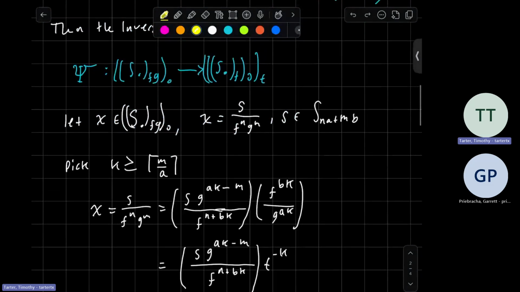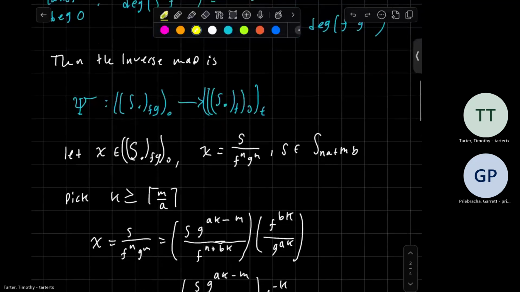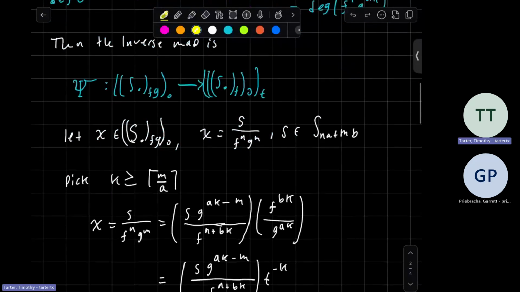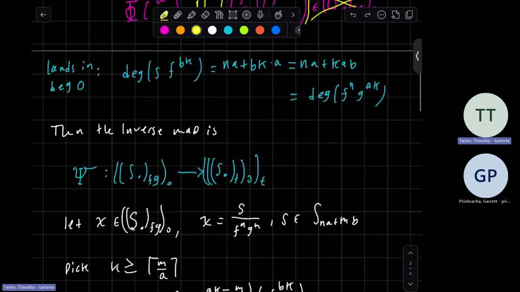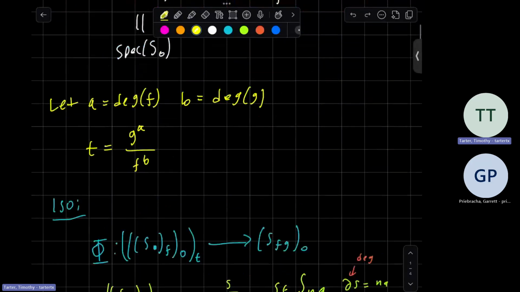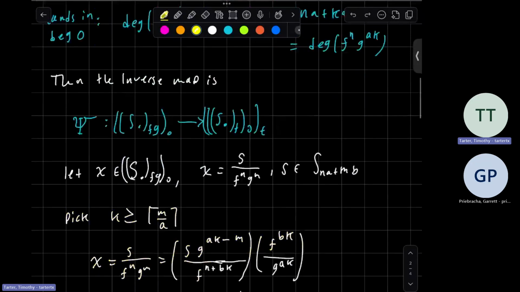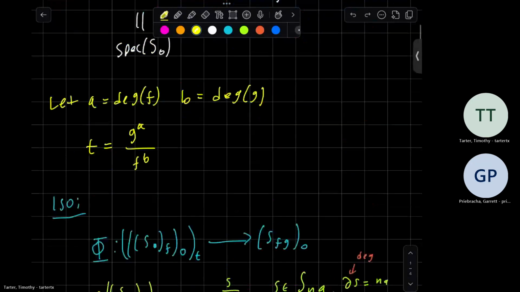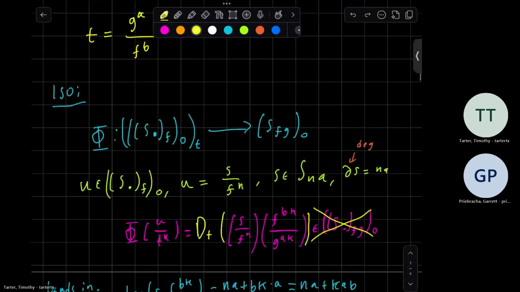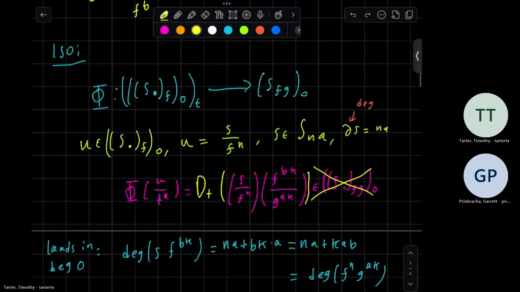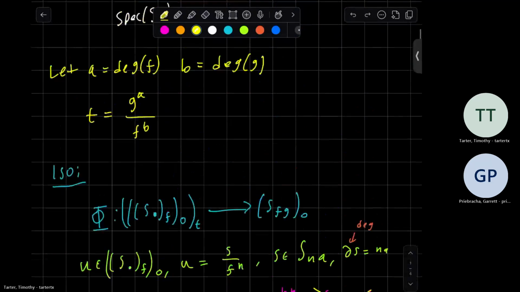Okay, so then our inverse map. Here's where I think maybe something has gone wrong, because this is not going from... hold on.